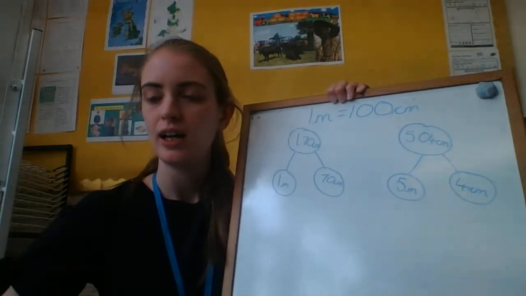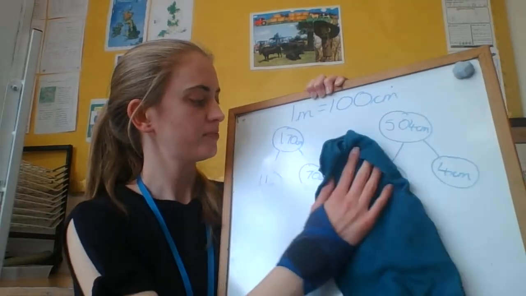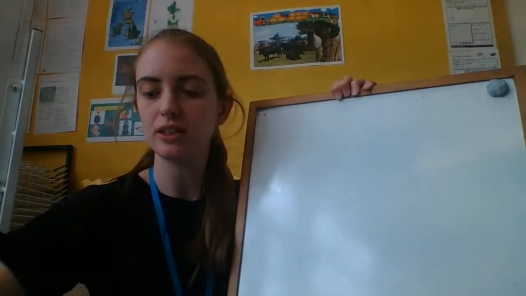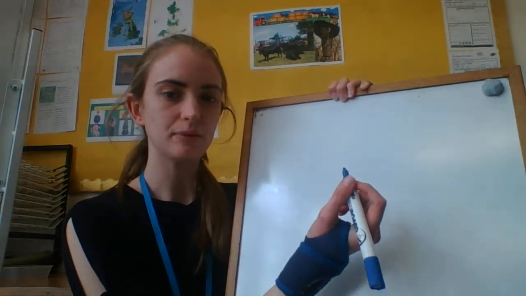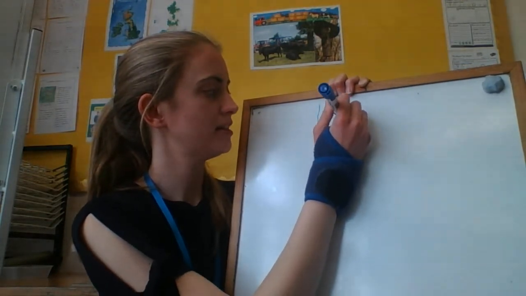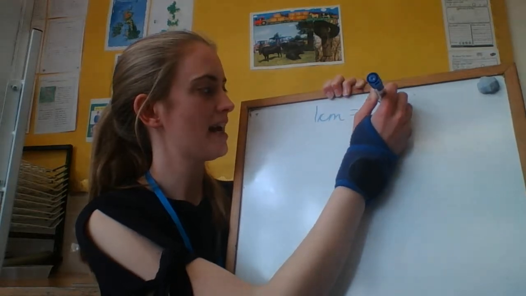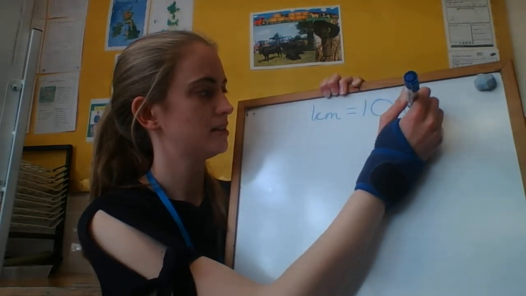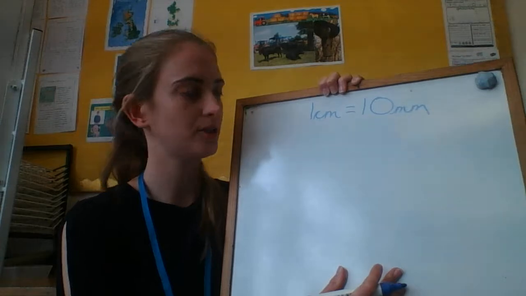Okay, it might be that I'm not converting metres and centimetres, but that I am looking at centimetres and millimetres. So in 1 centimetre there are 10 millimetres. They are the same length.